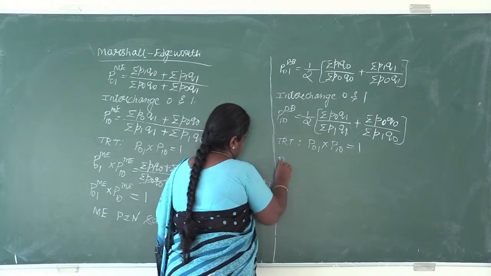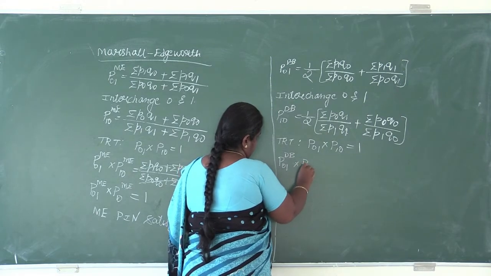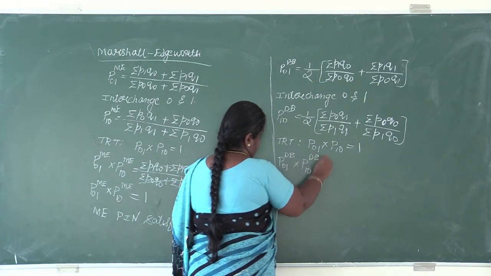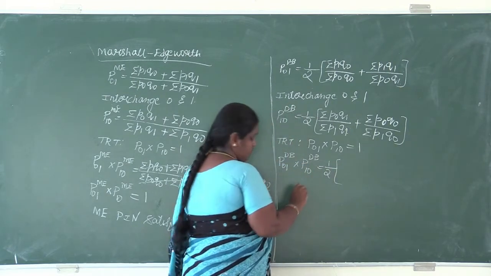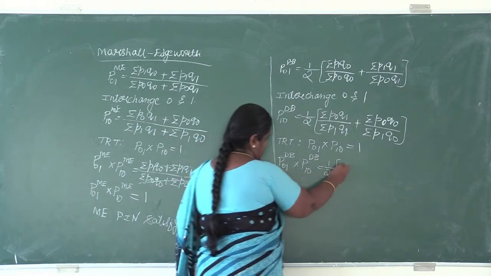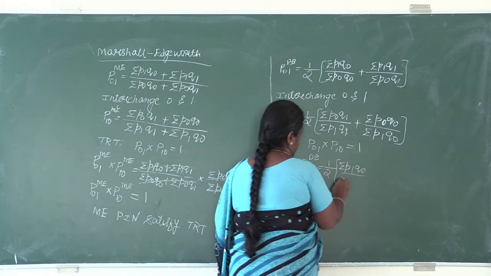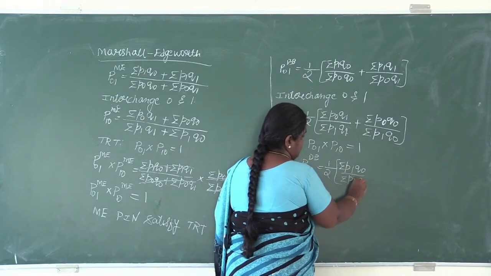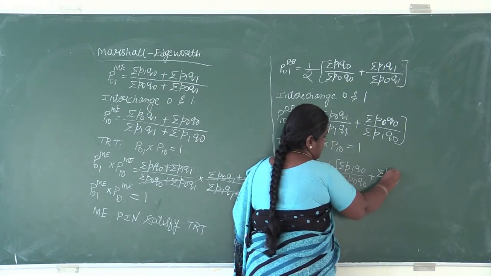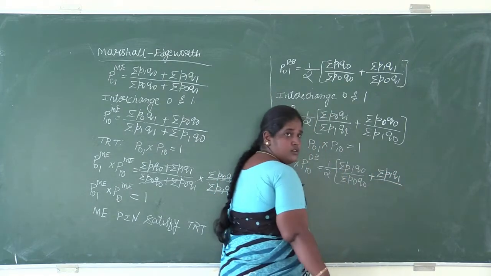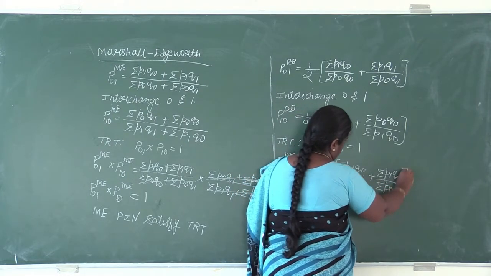Now substitute that P01 Darvish-Pauli into P10 Darvish-Pauli. P01 equals 1 by 2 into sigma P1 Q0 divided by sigma P0 Q0 plus sigma P1 Q1 divided by sigma P0 Q1.